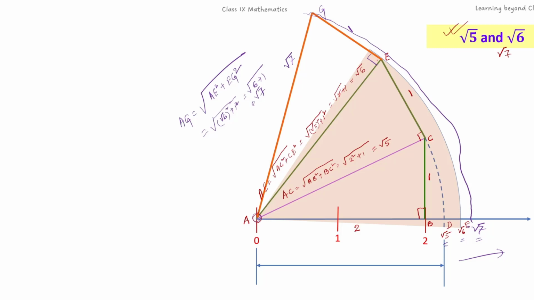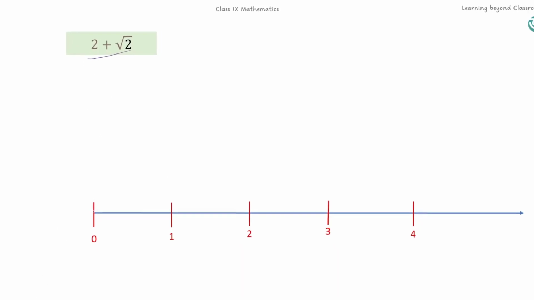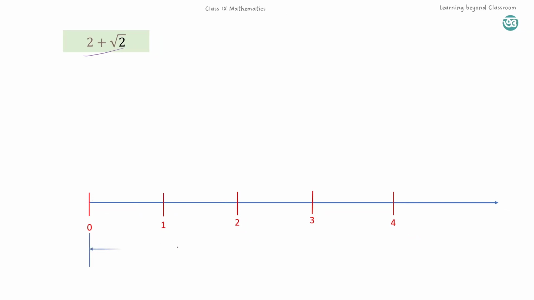on the number line. We can also represent 2 plus root 2 on the number line. For that we already have 0 to 2, and this length is already 2. So from 2 we have to take root 2. The same process: this is 1, this is also 1, this is perpendicular, this is the base, this is 90 degrees, so this is equal to root 2.